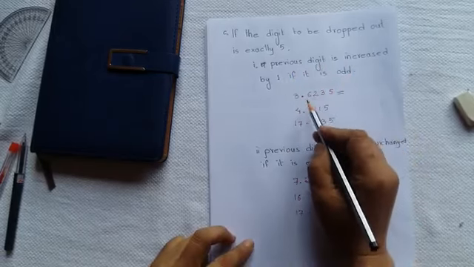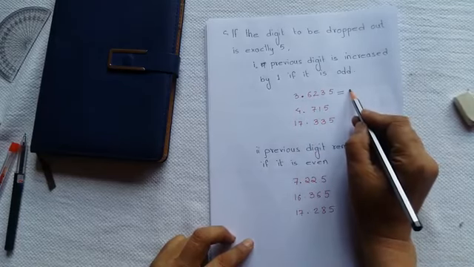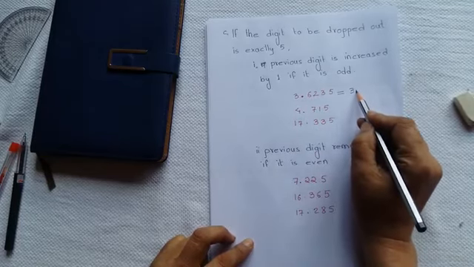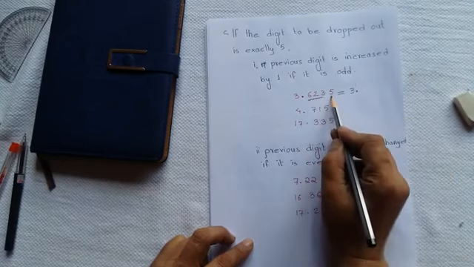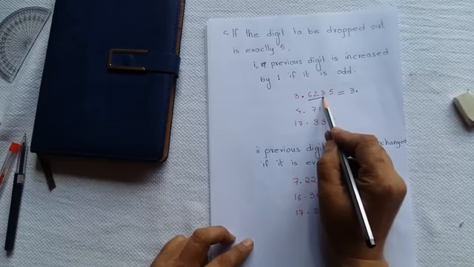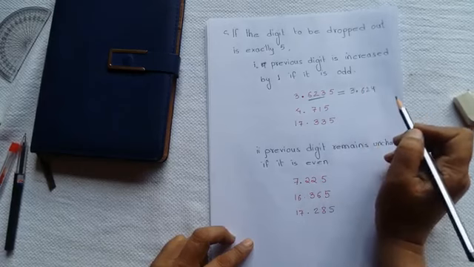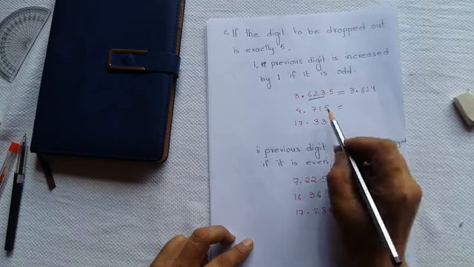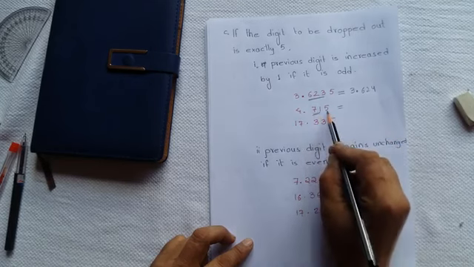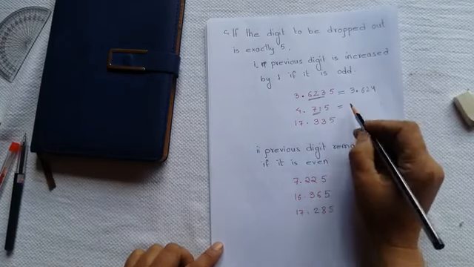That means if you want to keep 3 digits after the decimal point, and the last digit is 5, and the previous digit is odd, then you just increase the previous digit by 1. You write 6.4. Here again, you want to keep 2 digits, and the digit to be dropped out is exactly 5.